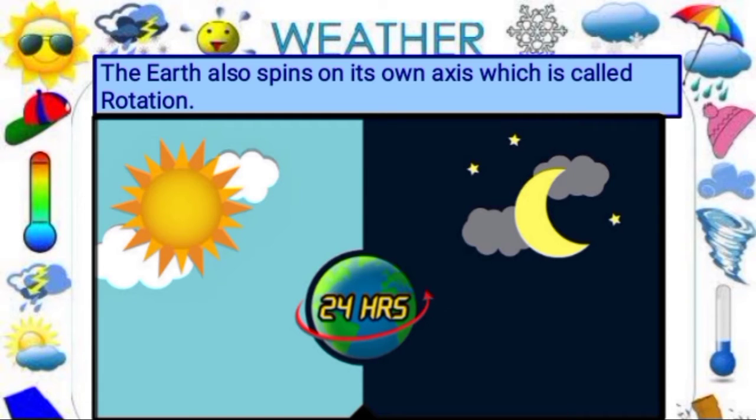As earth rotates, it seems like the sun is moving across the sky, but it's really the earth that is rotating on its axis, and it takes 24 hours to complete one rotation, which is why there are 24 hours in one day.